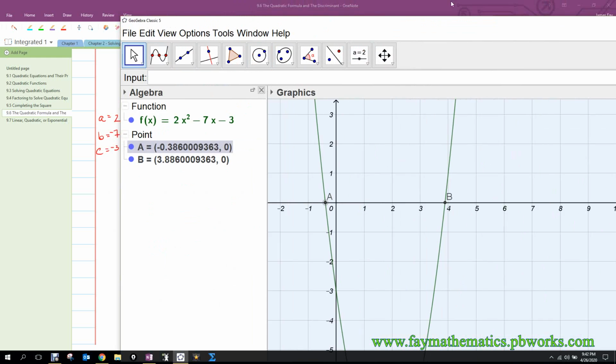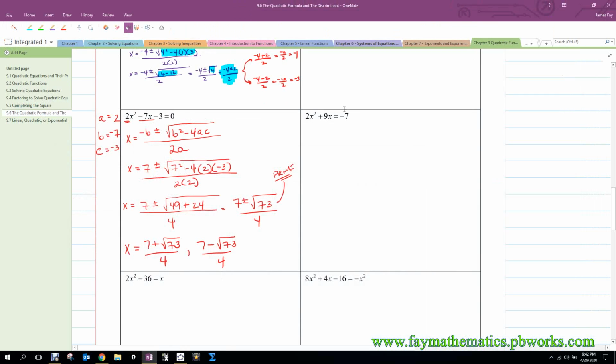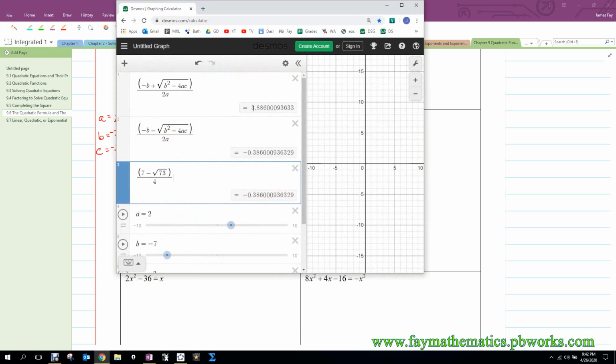So there's always a graphical connection to these. So you can write, like I said, just pay attention to Math Excel. They might want it to 2 decimal places, so you'd call it 3.89 because you would round that one up. This one you would say is negative 0.39. Or they might want to go 1 decimal place. They might want to go 3, 4, whatever.